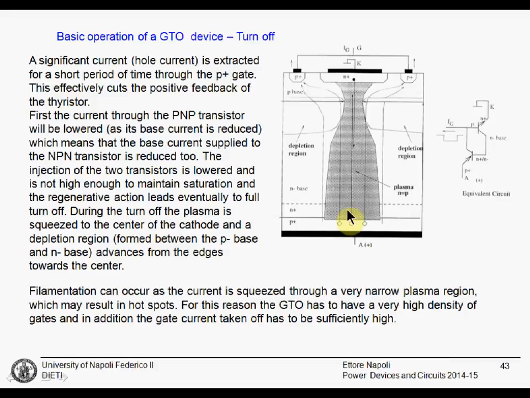As you can see here, some holes, instead of recombining in this base layer and acting as a base current for the NPN transistor, are diverted into the P+ contacts of the gate, while other carriers still keep flowing from the cathode to the anode and are part of the direct current of the GTO.